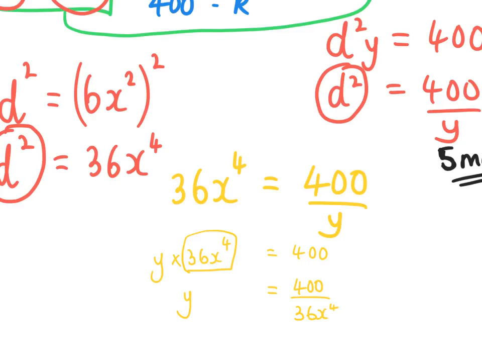We can then cancel because we have 400 on top and 36 on the bottom, they're both even. So that would be 200 over 18, and I can cancel again to give 100 and then 9 here. So we'd have finished off with y equals 100 over 9x to the power 4. And don't forget, that's 9 times x to the power 4.